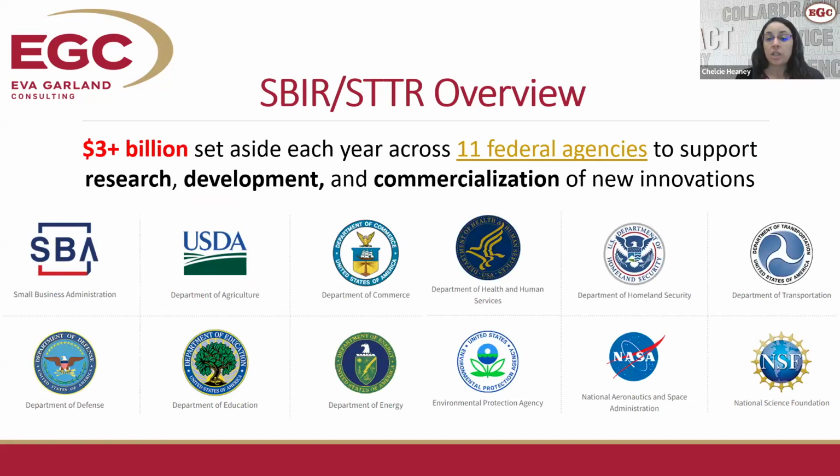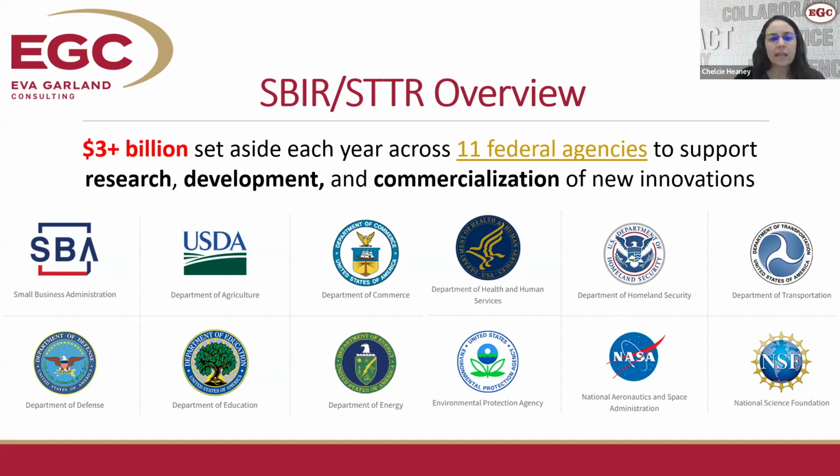Each year, over $3 billion is set aside by 11 different federal agencies to support the research, development, and commercialization of new innovations. This money is set aside specifically for small businesses, and each agency has a different amount available.